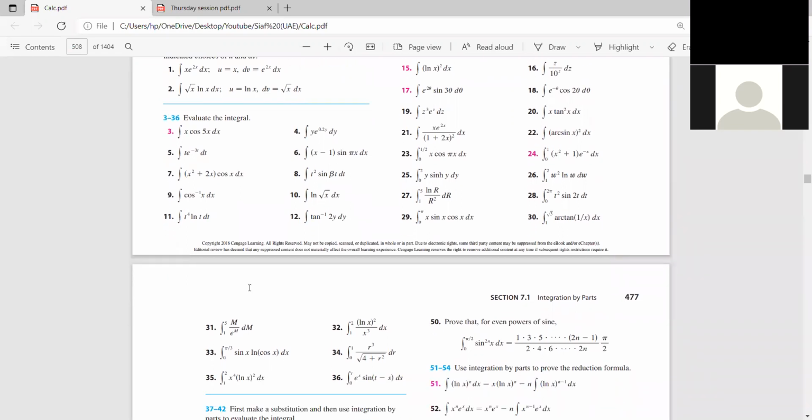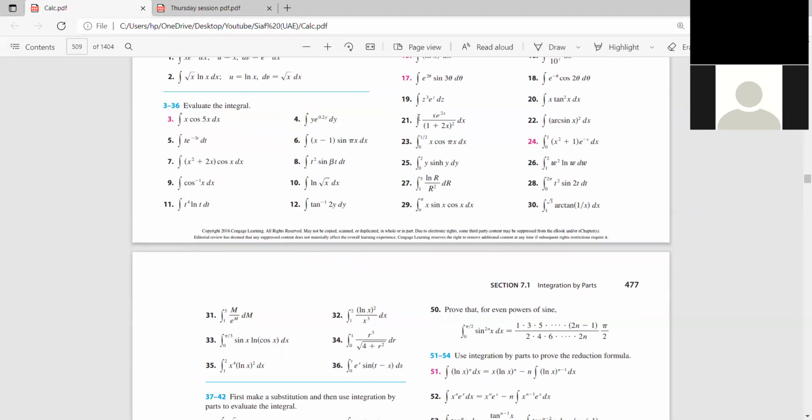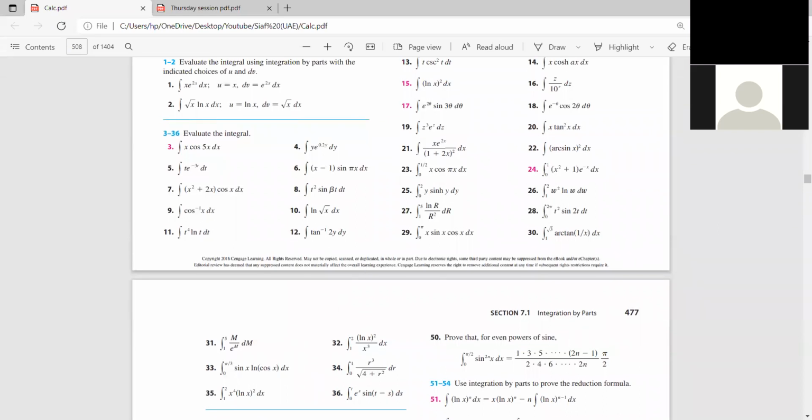What about 21? The integral of x e raised to the power 2x divided by 1 plus 2x whole square dx. Okay, let's try it out.